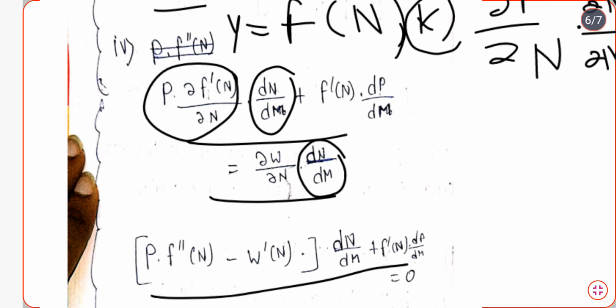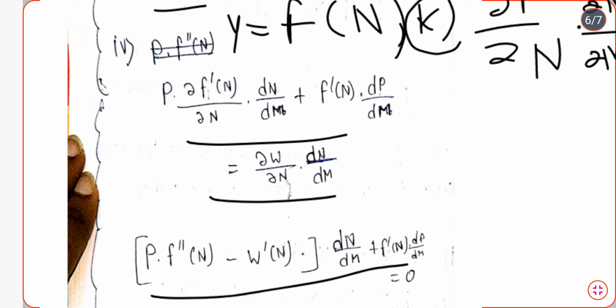So this is basically the entire derivative of the four equations that we have obtained from the four market equilibrium conditions: product market equilibrium condition, money market equilibrium condition, the production function, and labor market equilibrium condition.